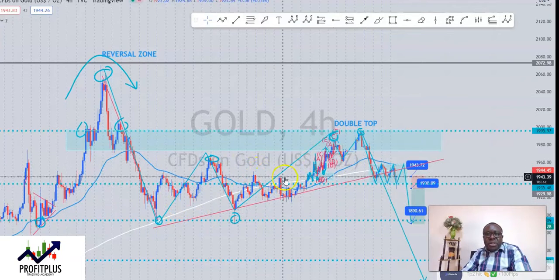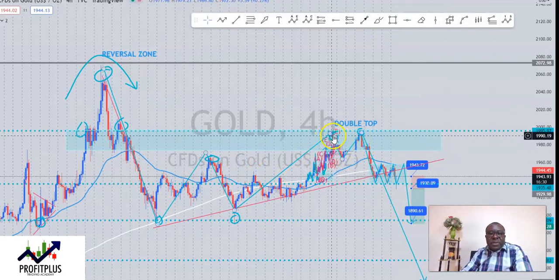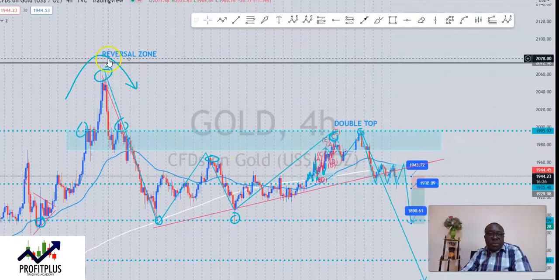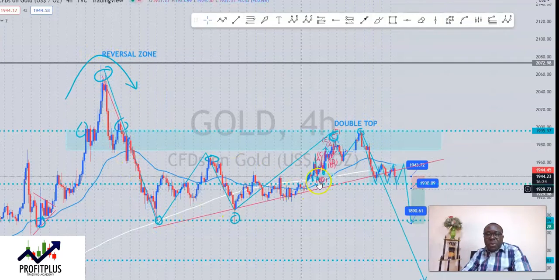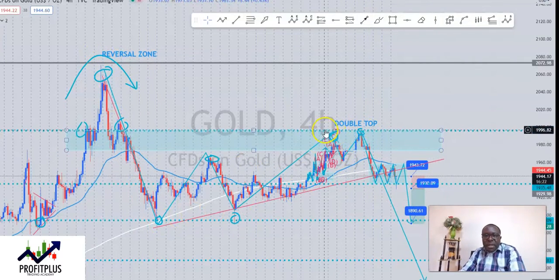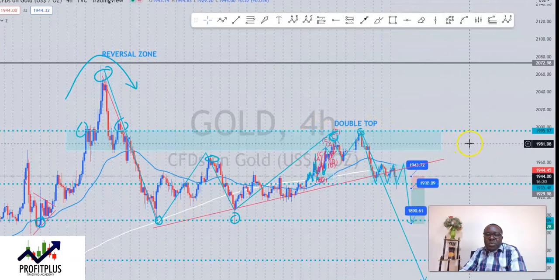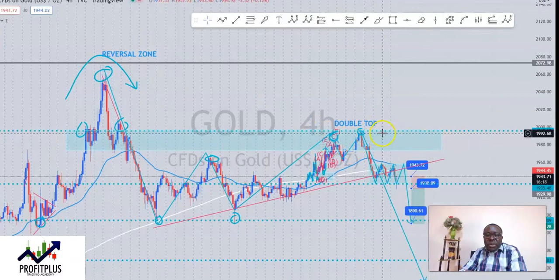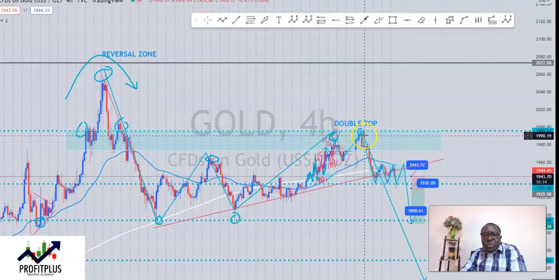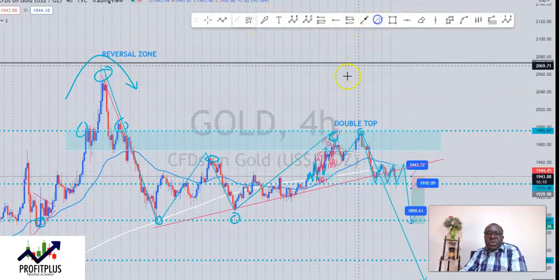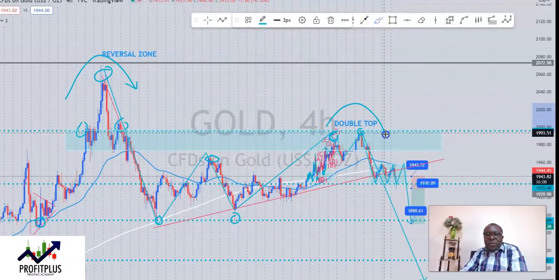Price is seen pushing, and it got to this level. This is the 61.8% retracement of this first bearish impulse. All right, and I observed something again here on hitting that 61.8% handle, a key reversal area. Price made a double top kind of formation, and this double top is also another sign of reversal.